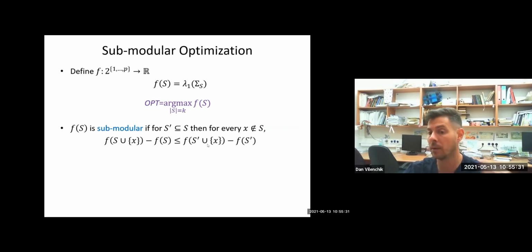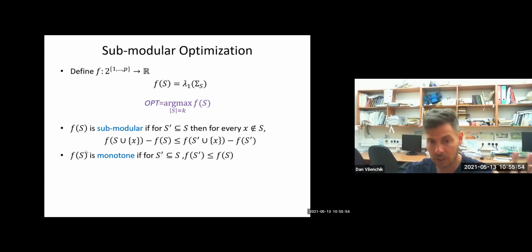So you gain more in the variance from adding features to smaller sets. This makes sense, right? Because as you have more features, then any additional feature can just explain less variance. And monotonicity: more features explain more variance.